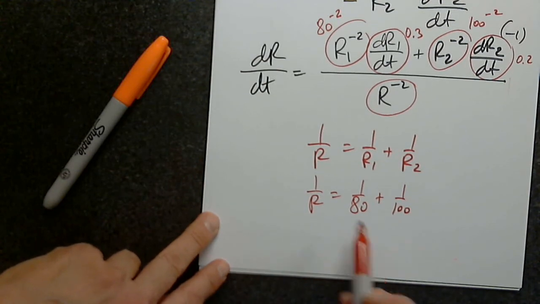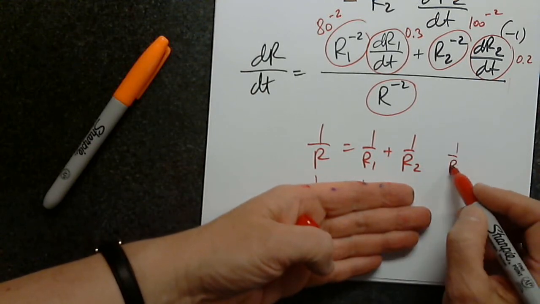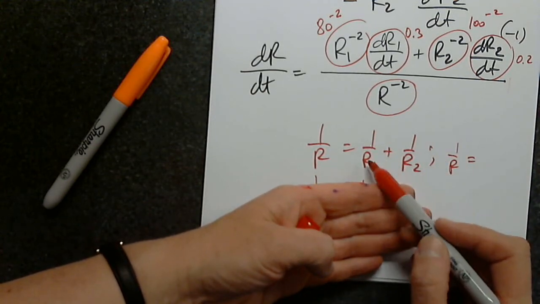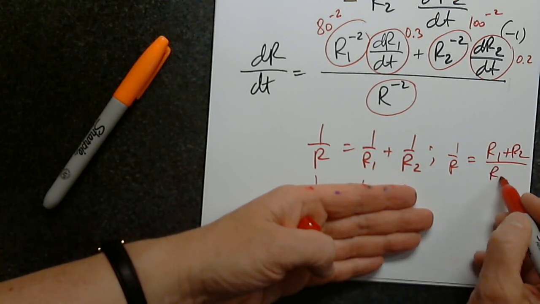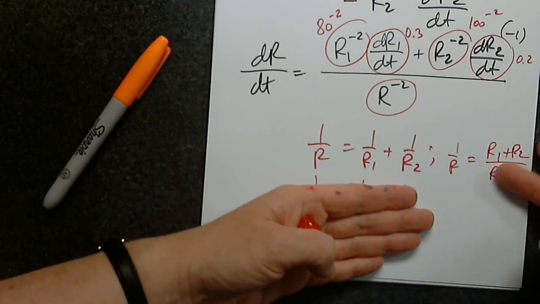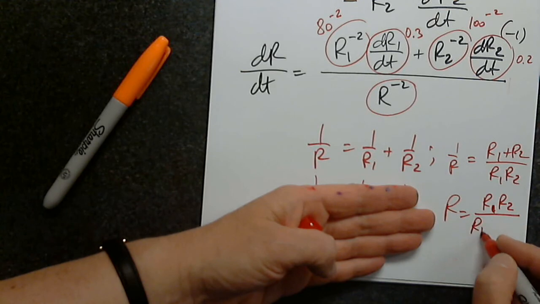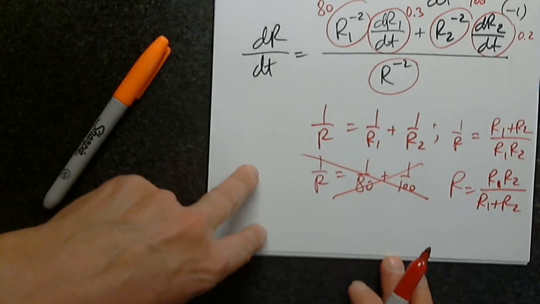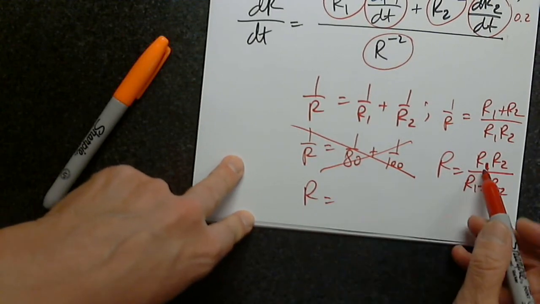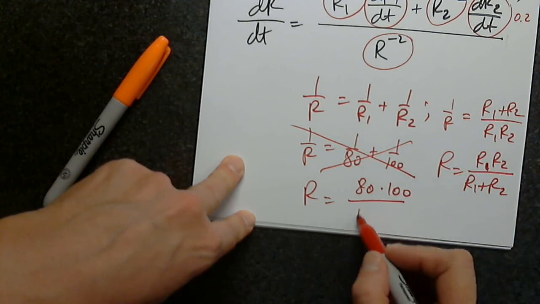What I would have done instead of working on this and finding the LCD, etc., is this: 1 over r equals r1 plus r2 over the least common denominator, and then just flip, instead of worrying about this. So then r equals 80 times 100 divided by 80 plus 100.